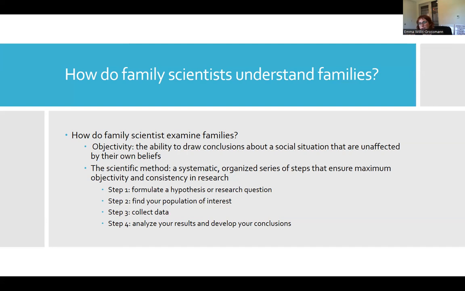So not just randomly selecting them off a list of people, but maybe posting on social media or posting on tech announce, like, hey, I'm looking for a sample of unmarried fathers. If you're interested in my study, please email me. And that's what's known as convenience sampling, which is a non-probability sampling method.